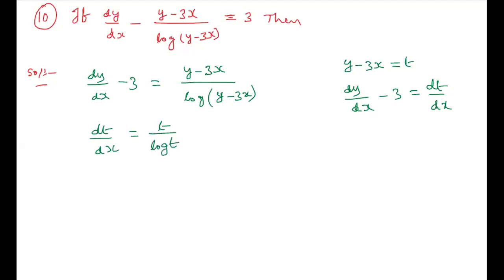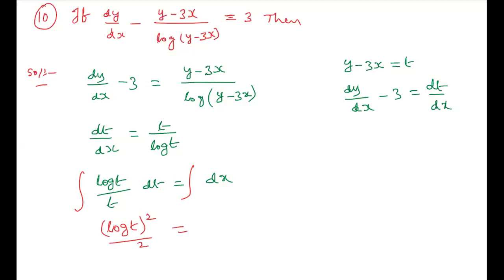Now separate the variables: log t divided by t into dt is equal to dx. Now apply integration on both sides. Here log t, again taking another function, the derivative of log t is 1/t. So the integration gives (log t) whole squared by 2, equal to integration of 1 dx, x plus c.